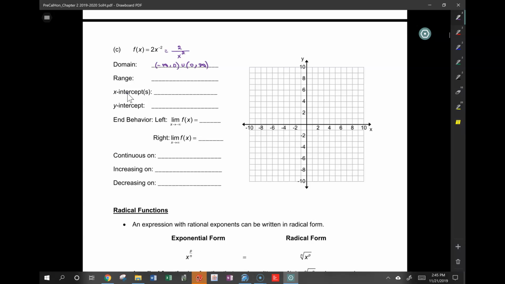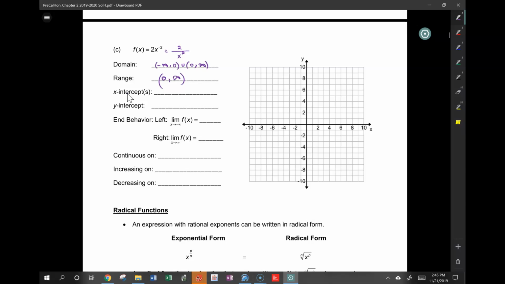So 0 is not in the range. Can I put numbers in here for x and get negative values for y? No. So the only values now in my range, which are my y values, are positive numbers, not 0, not negatives. So I'm guessing that my range is going to be 0 to positive infinity, but not including the 0.